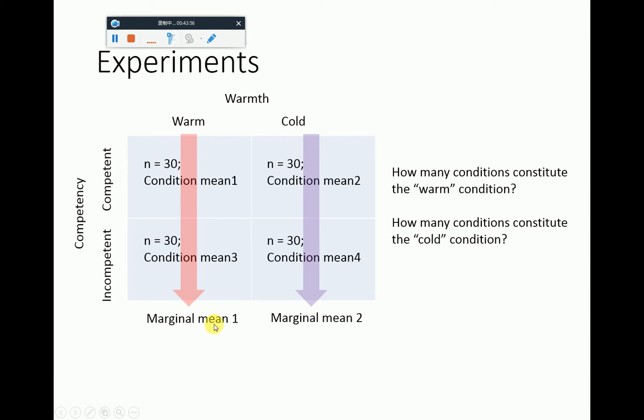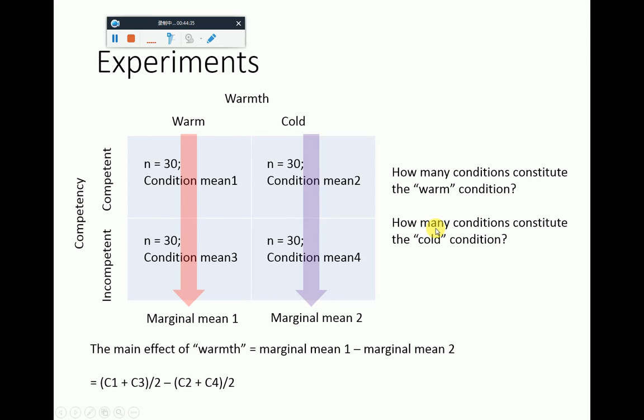With 2 marginal means, the main effect of warmth, that is, the difference between the warm condition and the cold condition, which constitutes the warmth variable, will be the difference between marginal mean 1 and marginal mean 2. That is, the overall mean across these 2 conditions and the overall mean across these 2 conditions.